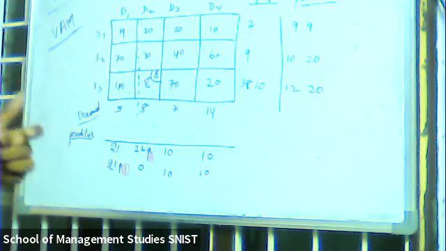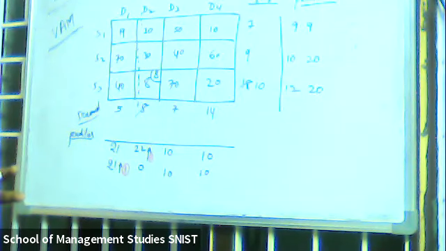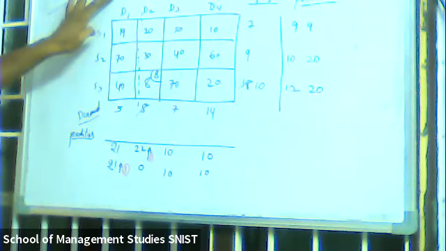Are you following, everyone? Now Ramana, are you there? So where do I have to enter values? 21, fine. D1, okay.